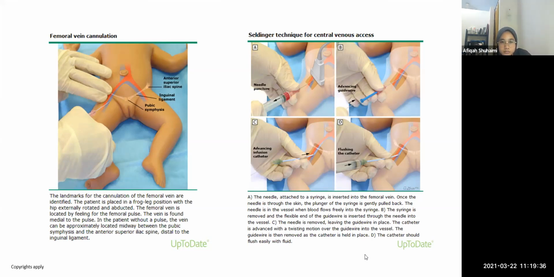When the femoral vein is identified, we start the skin preparation and apply the Seldinger technique, in which first the needle is punctured under ultrasound guidance, then advance the guide wire through the needle, then advance the infusion catheter, and lastly flush the catheter to make sure there is no resistance.